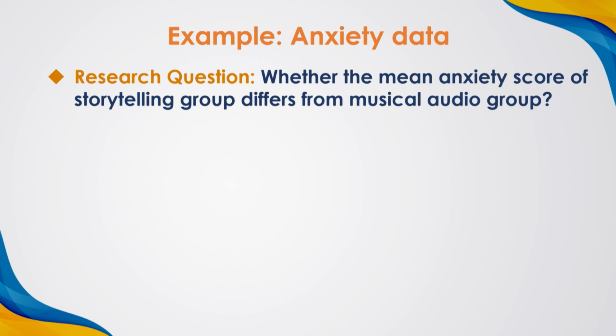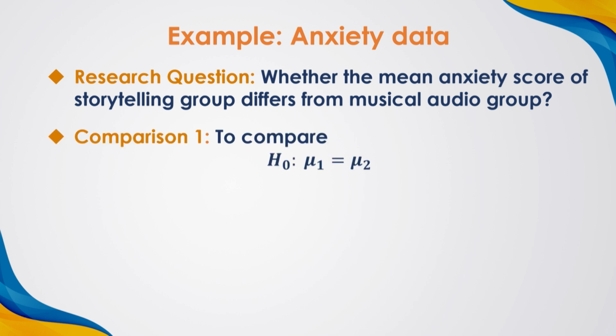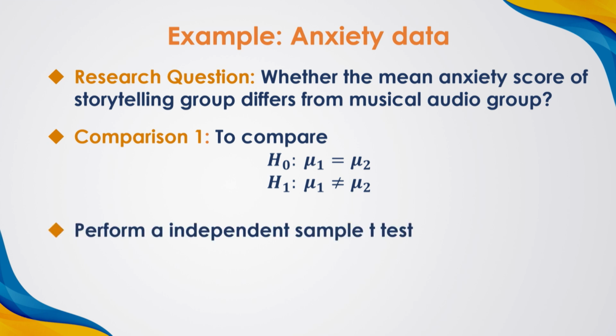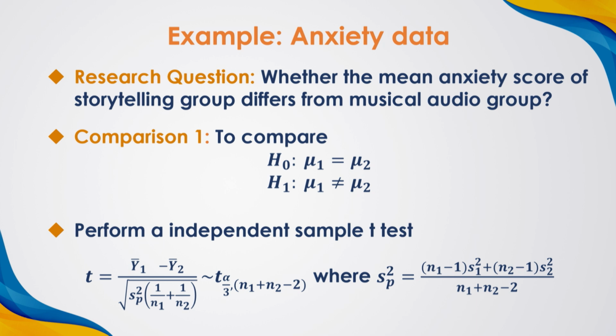So, let us apply the Bonferroni procedure for the same example. With the same research question, we are going to compare the first group and the second group in terms of mean against the alternative hypothesis mu1 not equal to mu2. For performing the Bonferroni test, we will perform an independent sample t-test using the test statistic which you are familiar with from the previous modules.